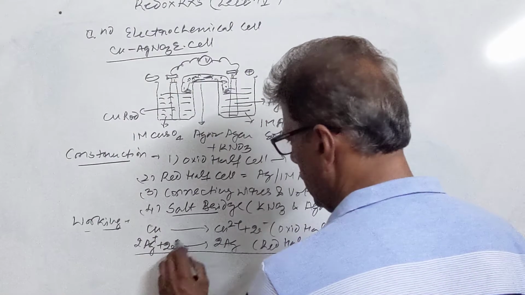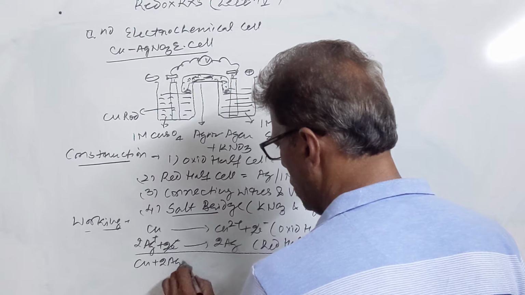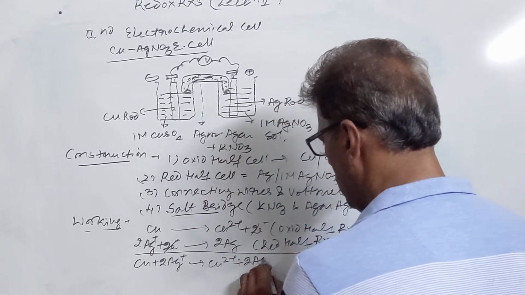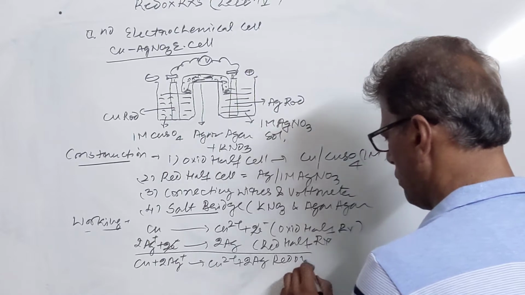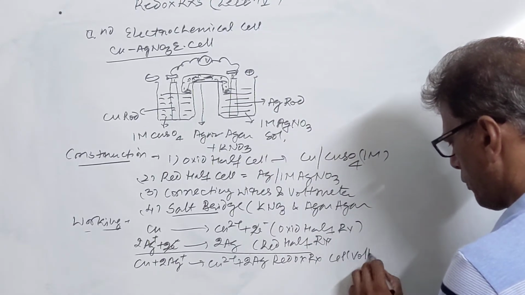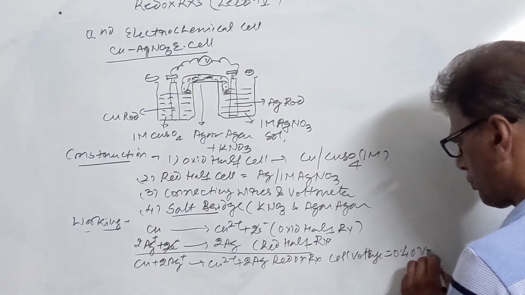The two reactions are added together. Cu combines with 2Ag+ to give you Cu2+ plus 2Ag. This is called the redox reaction. Cell voltage is 0.46 volts.